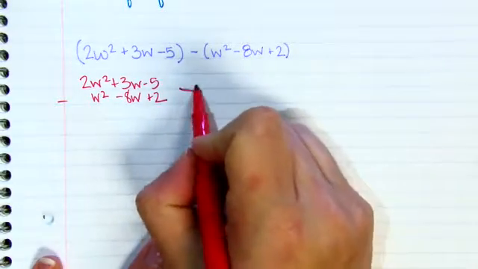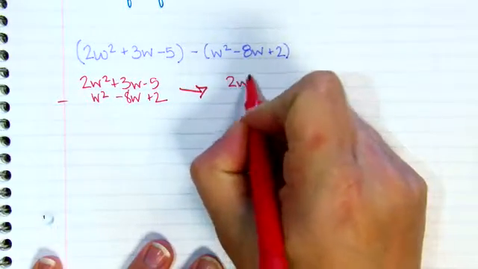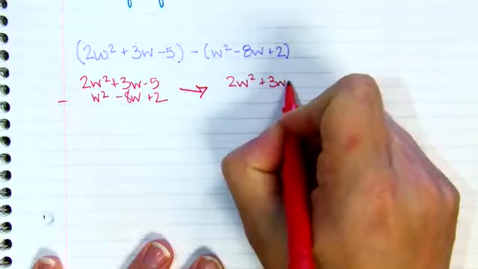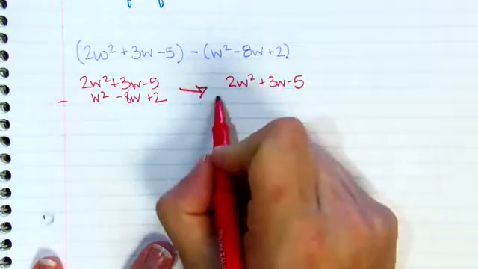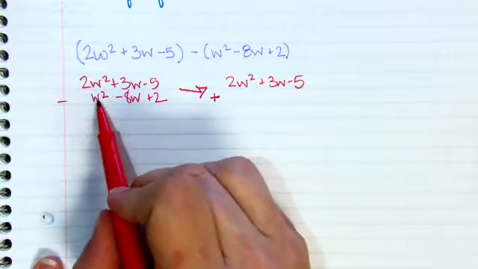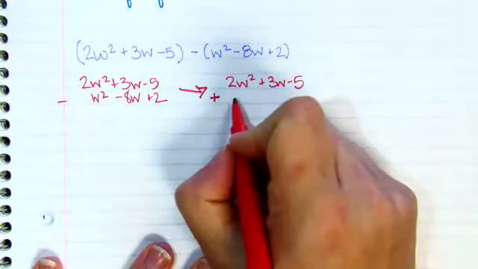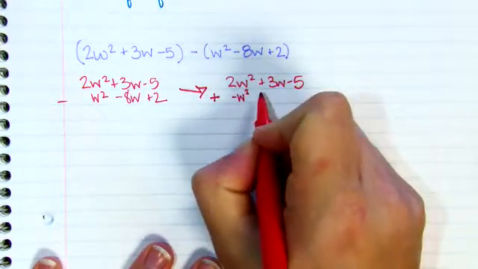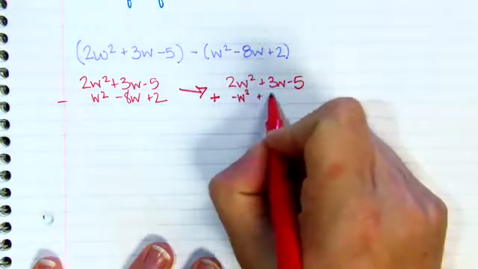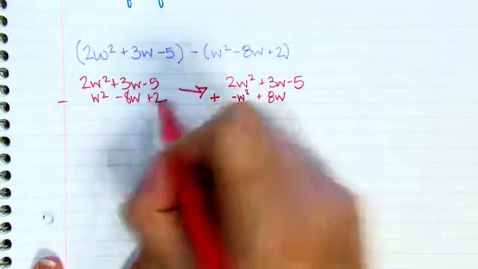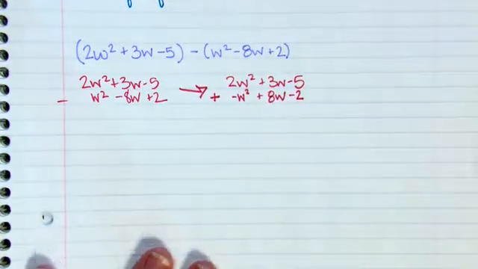And what I'm going to do is I'm going to keep the first line the same, but I'm going to change this to addition, and I'm going to pick the opposite of each of these. So this is now a negative w squared. This is a positive 8w, and this is a negative 2.